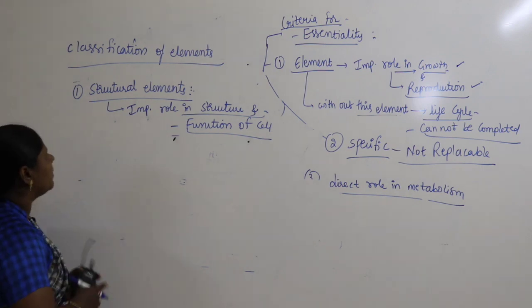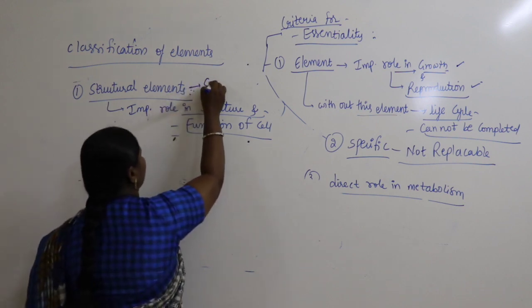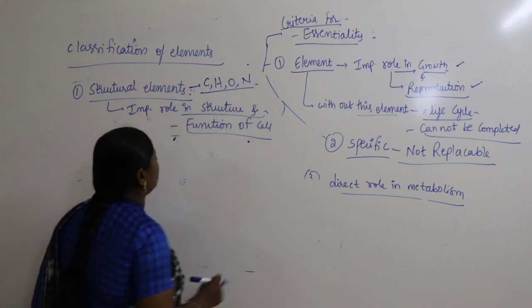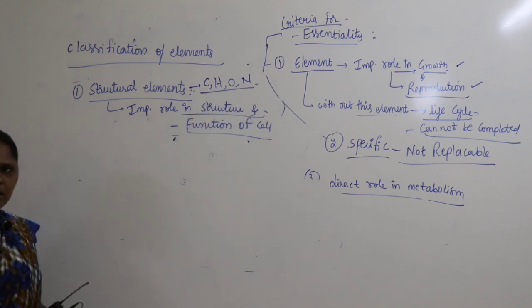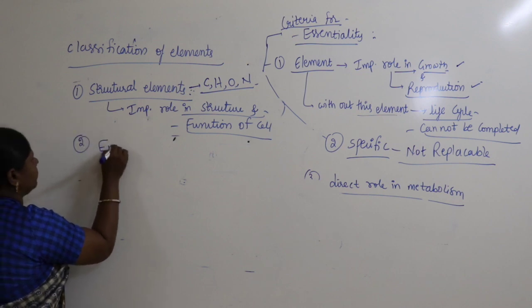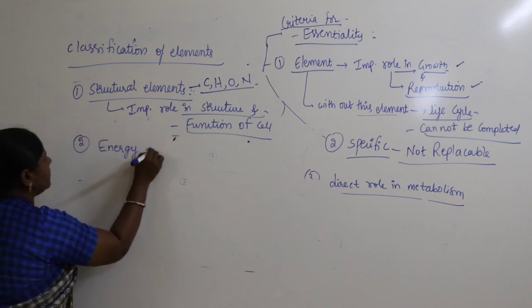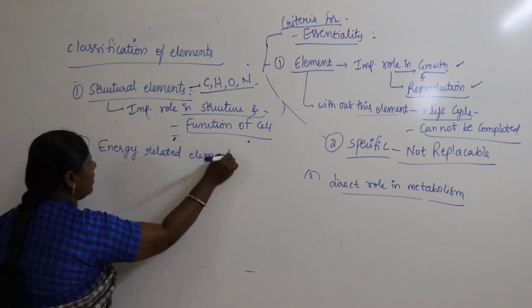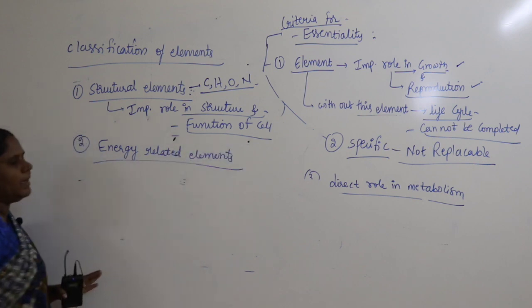Which will come under structural elements? Let us take carbon, hydrogen, oxygen and nitrogen. These are called structural elements. Next, some other elements are called energy related elements.